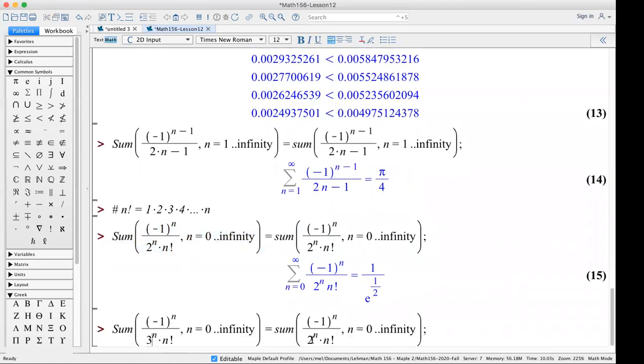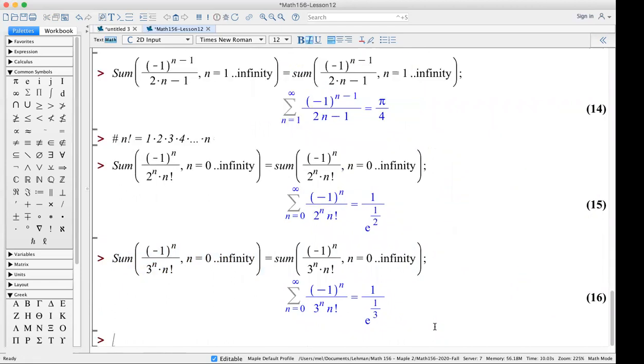Suppose I make this 3 to the n. Yeah. Why is that? Well, you can figure out why that is, sooner or later at least.